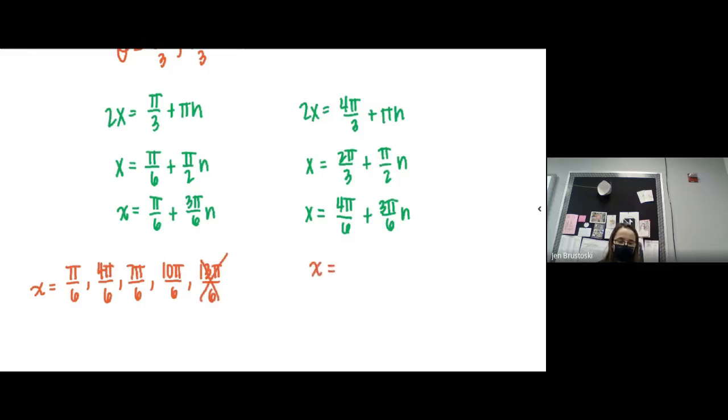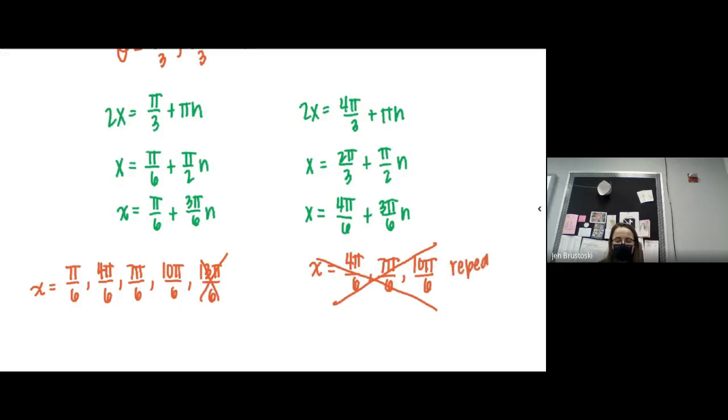So I get x equals 4 pi over 6, 7 pi over 6, 10 pi over 6. Notice that these are shared with these ones. That's why we ignore these ones. So these are repeats.